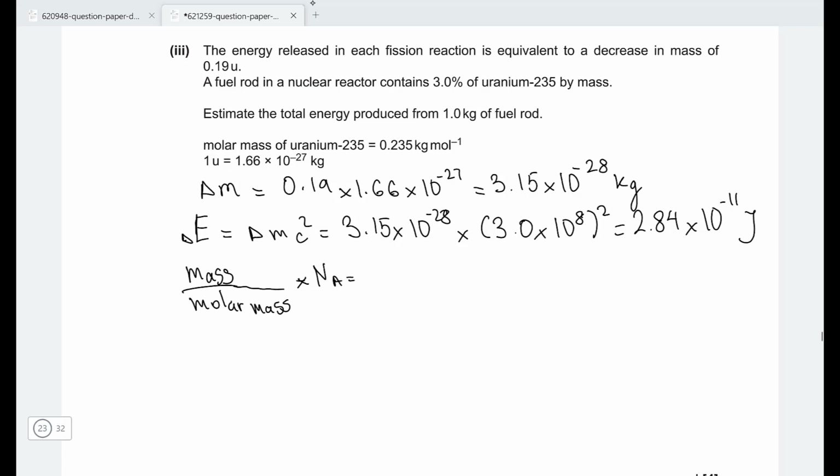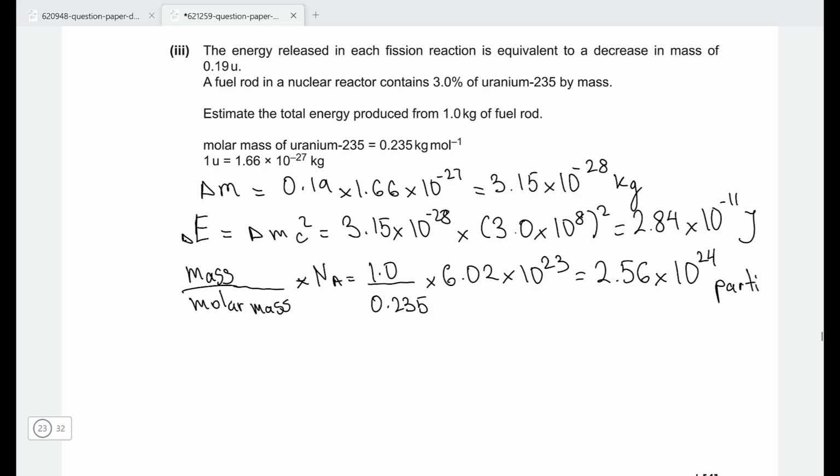Well, our mass in this case is 1 kg, and our molar mass is 0.235 kilograms per mole, multiplied by Avogadro's number, which is 6.02 times 10 to the power of 23, which is going to give us 2.56 times 10 to the power of 24 particles.